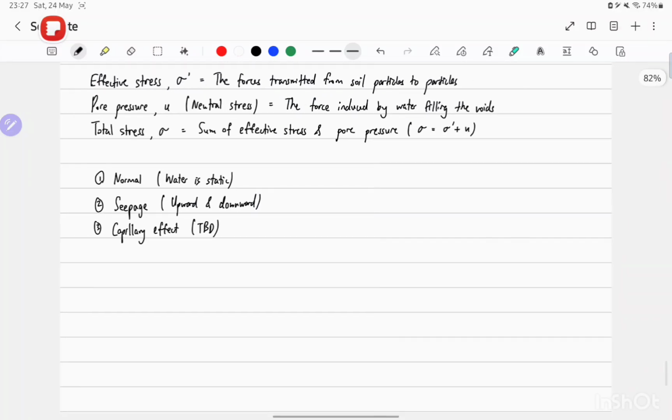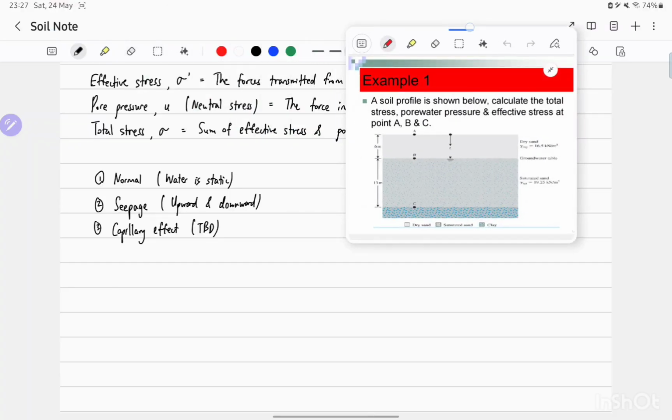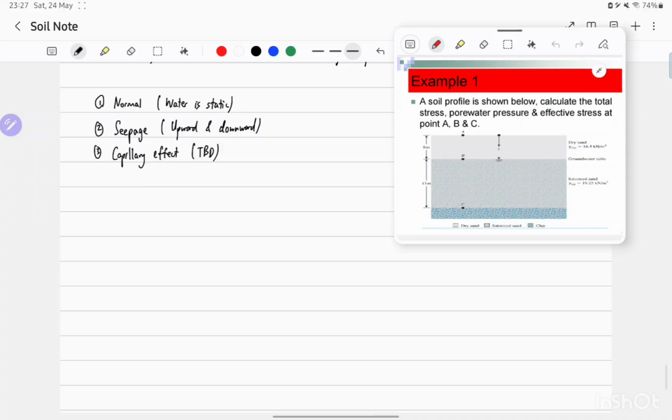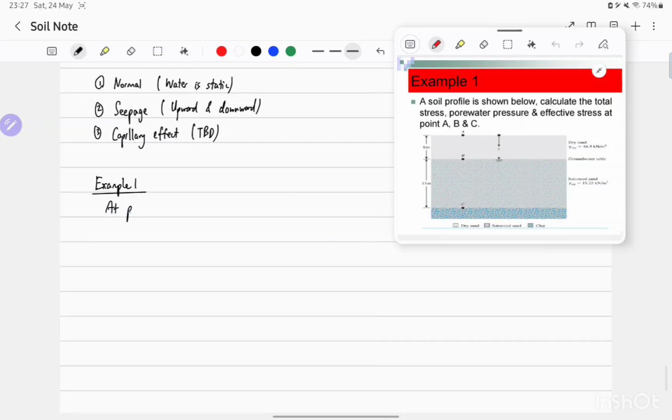So first we are going to look at the normal questions. Let's go. Based on example 1, we are going to find the stresses at points A, B and C. At first we start from point A. What are the stresses at point A?